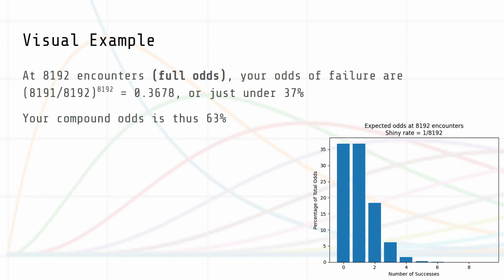So these odds of failure are just under 37%, and so we would say that our compound odds, or anything greater than 0 shinies, is 63%. That means 63% of the time, after 8,192 encounters, you will encounter at least one shiny.